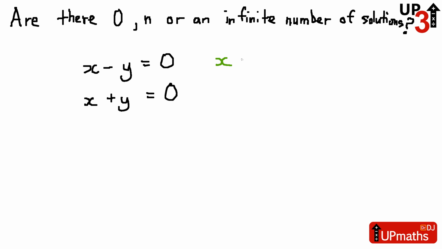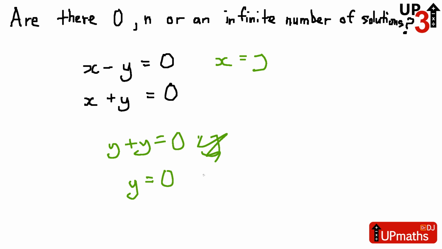Obviously you might have paused the video to have a go in your own time. So that means x equals y. So that means that y plus y equals 0. So I'm going to write it underneath. So y equals 0, which means that x equals 0. Again, this is one of these funny situations where it's almost like there isn't a solution.